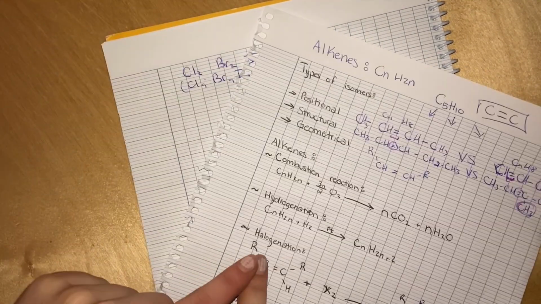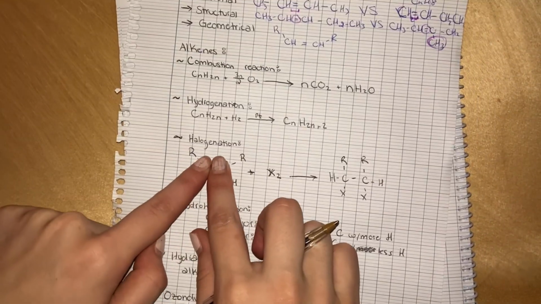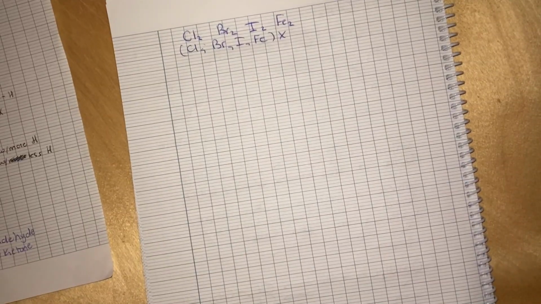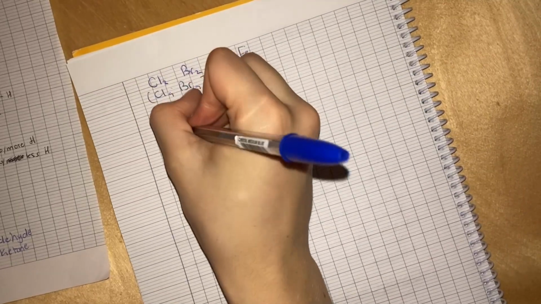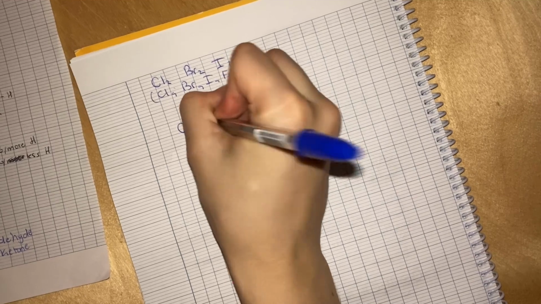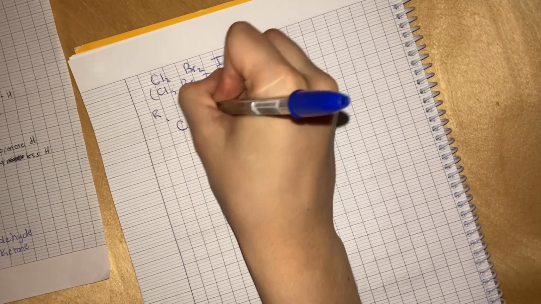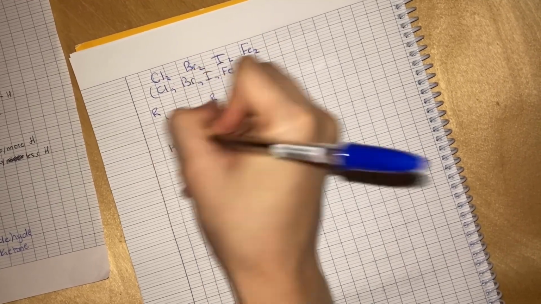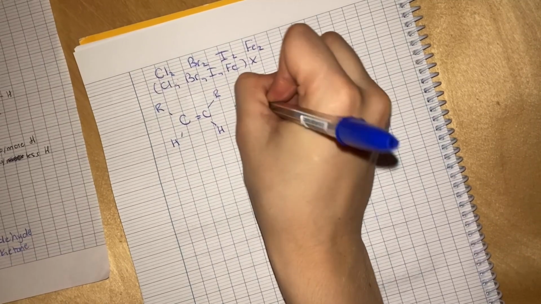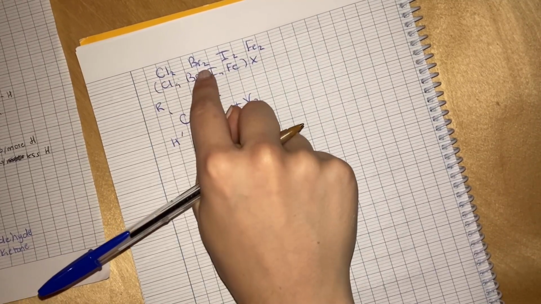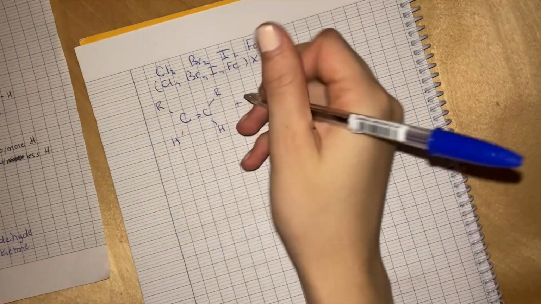So, halogenation, you can read it right here, let me show you. It's essentially C double bonded to C. Remember, R is anything, it doesn't matter what it is. Okay, so you've got just a normal alkene here, plus X2. So one of these options, it's either Cl2, Br2, I2, or F2.